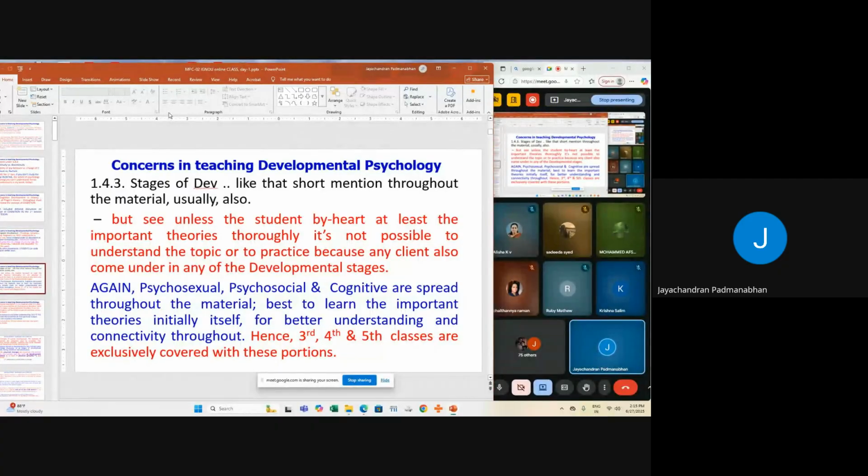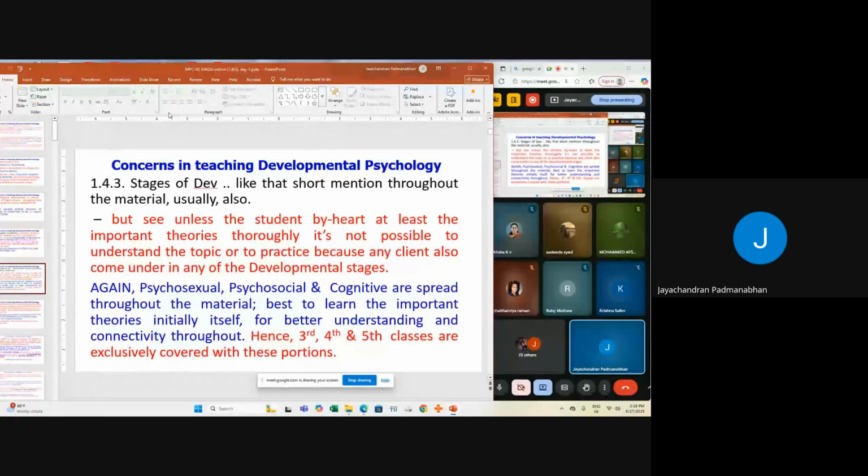The stages of development are usually mentioned briefly throughout the material, but unless the student learns by heart at least the important theories thoroughly, it is not possible to understand the topic or to practice, because any client comes under one of the developmental stages.